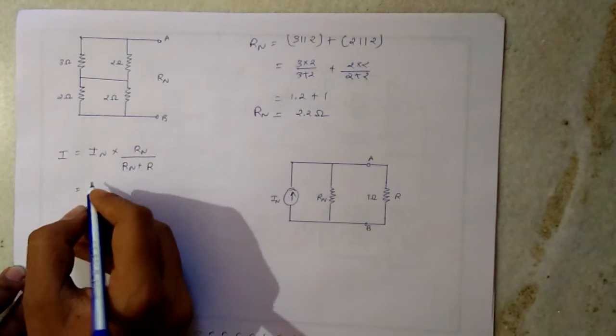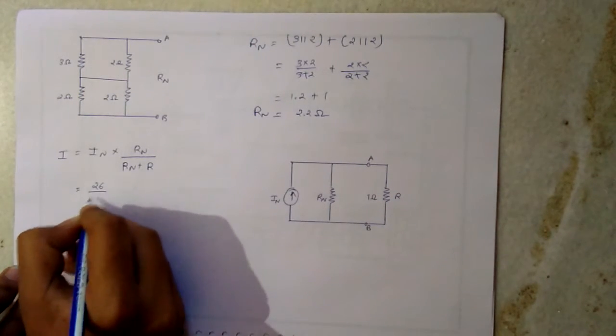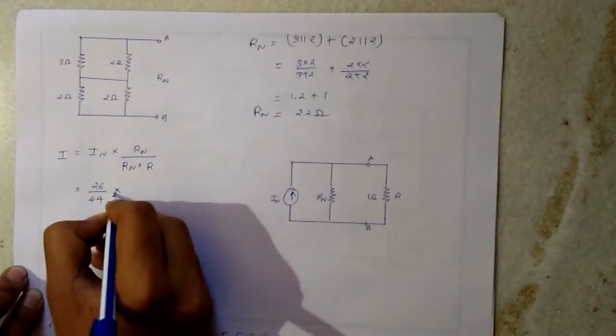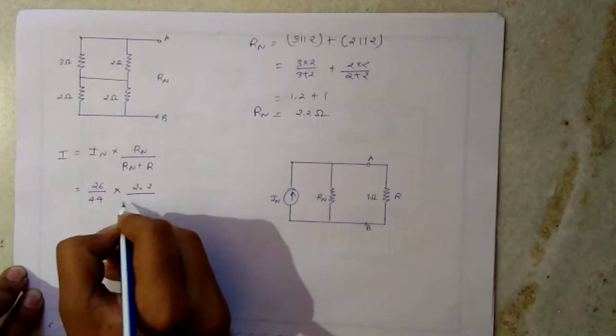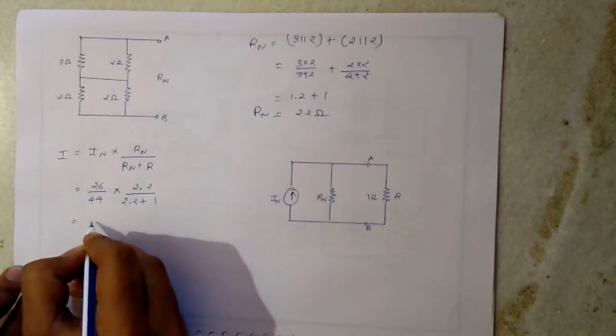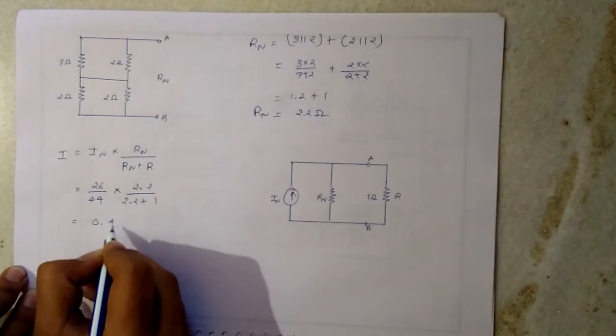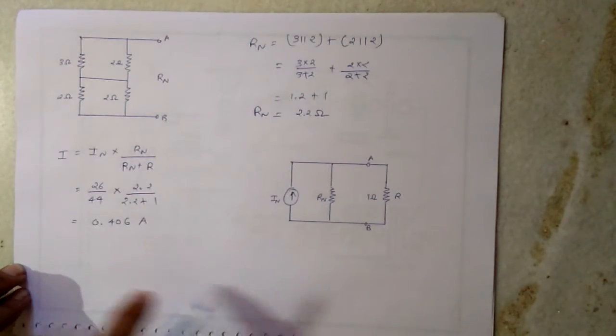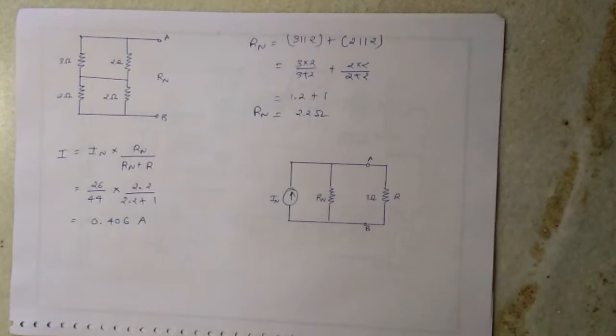What is In? That we have derived as 26 divided by 44, and Rn is 2.2 divided by 2.2 plus 1, that will be nearly equal to 0.406 ampere. Hence the current flowing through a particular resistance can be derived using Norton's theorem.